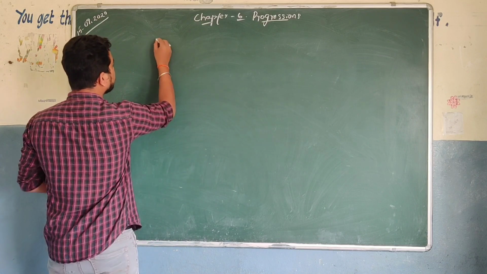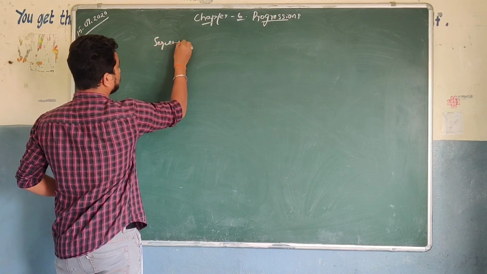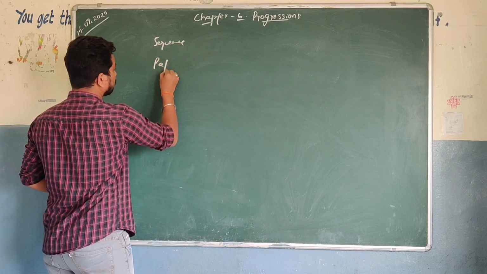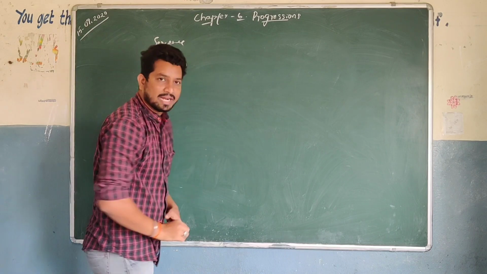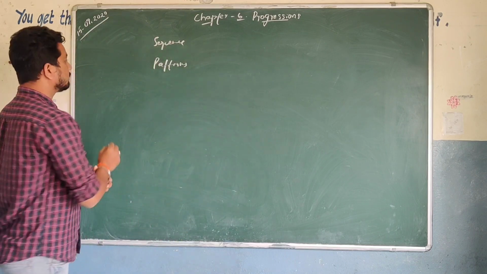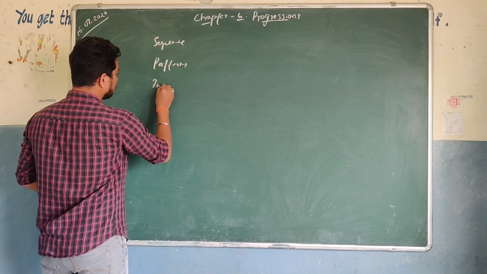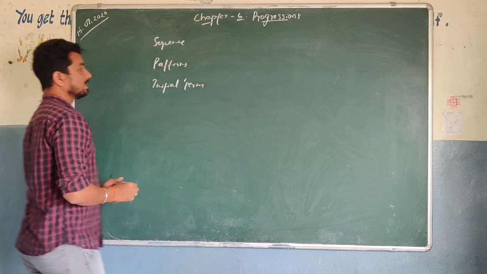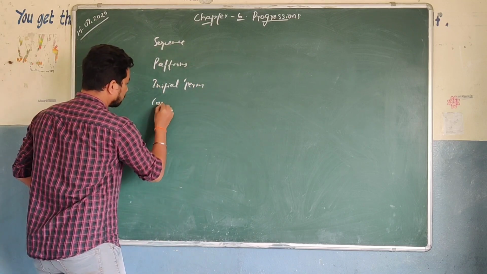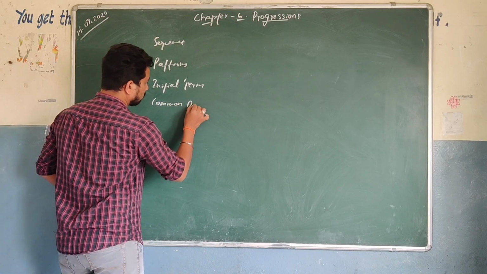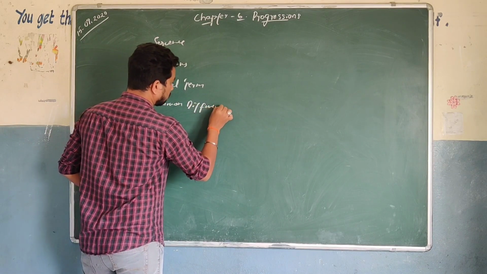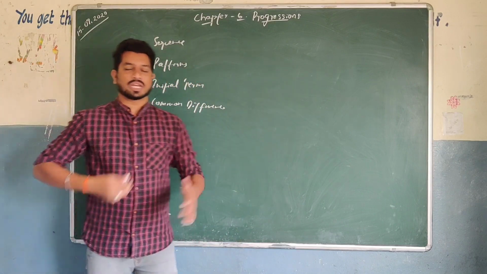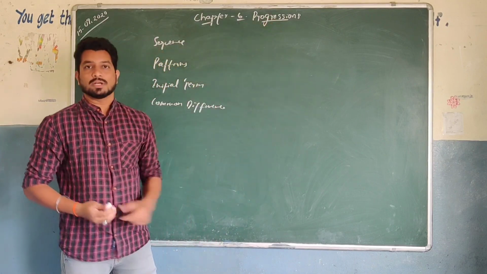First we will be having sequence, and next patterns, and next initial term, and next common difference. These are the main terms which we repeatedly use in this chapter, progressions.